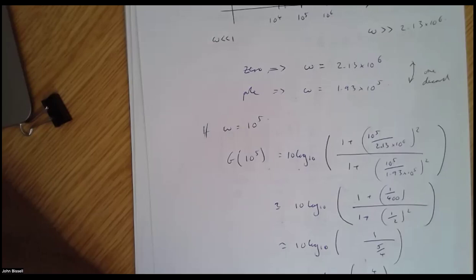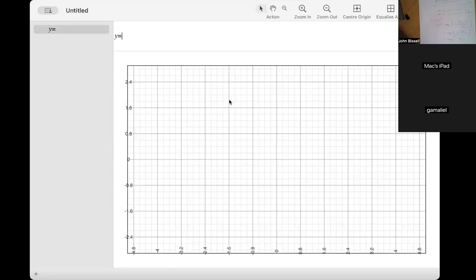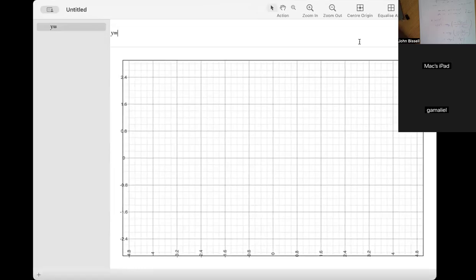I'm going to try using my own graphing thing, okay? Let's try it on Grapher. Okay, can you guys see this? Right, so let's try this again.